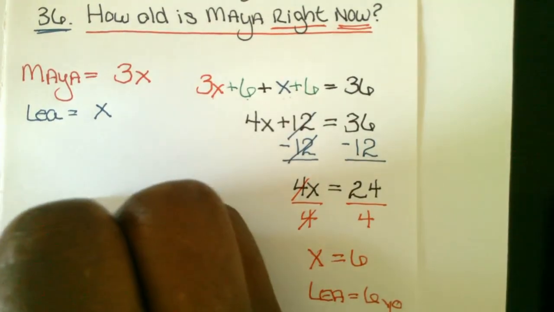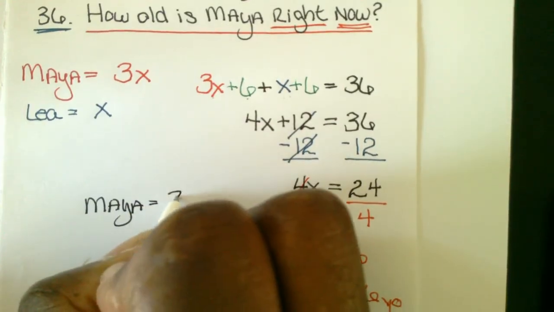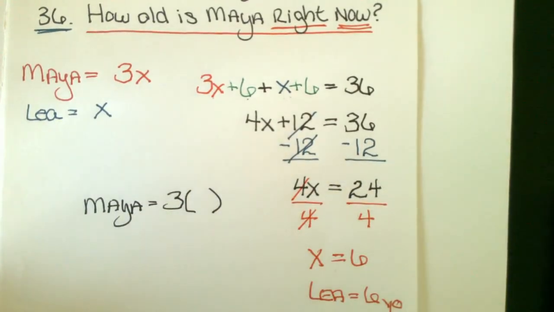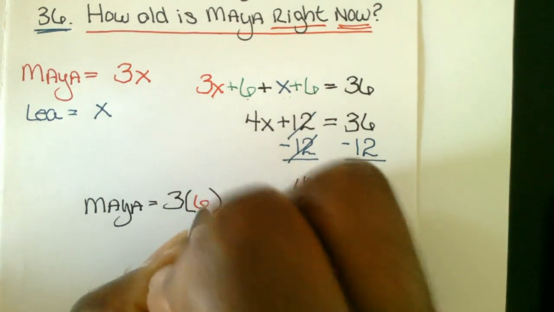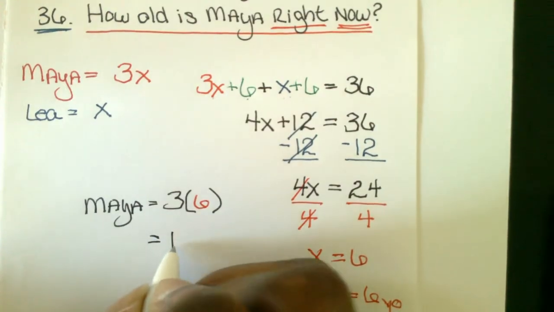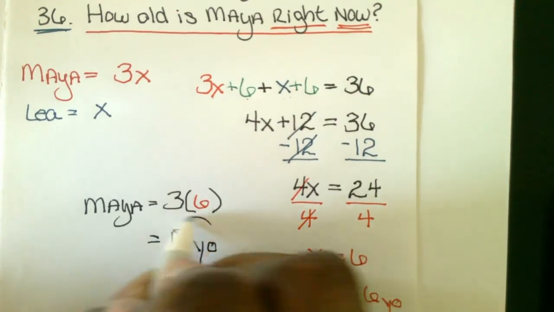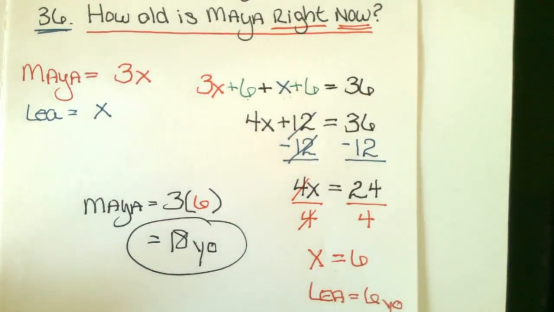So Maya is going to be 3 times 6. And we all know that 3 groups of 6 is 18. So Maya is 18 years old.